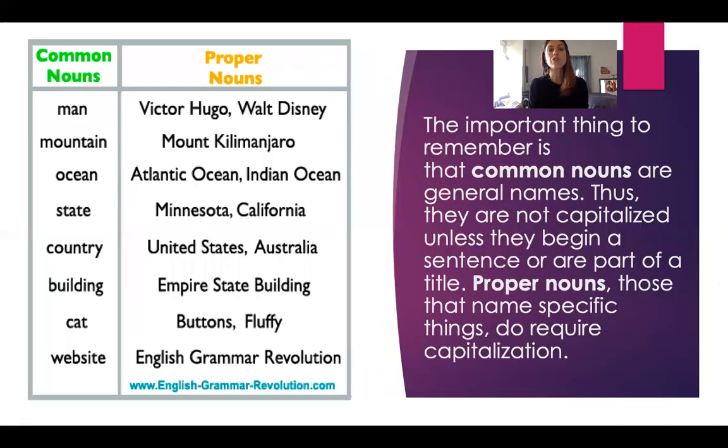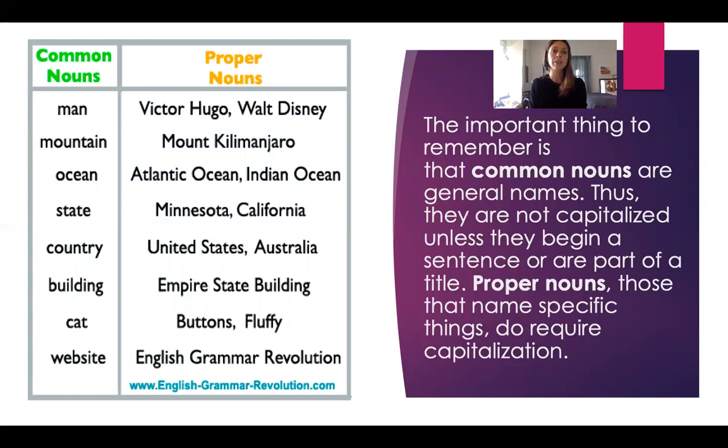Common nouns are general names, while proper nouns represent something that is specialized, which requires capitalization. So a common noun is a man. We do not capitalize the M for man. However, if we're talking about somebody's specific name, we would capitalize their name, both the first name and the last name.